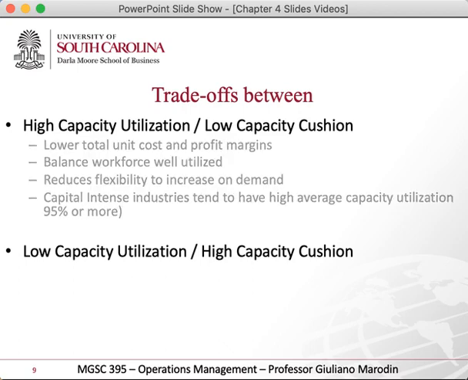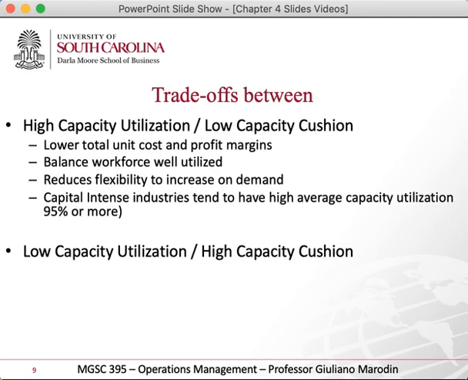So from a cost perspective, you want to have high capacity utilization, because they're producing more, you're diluting your fixed cost, and you're able to reduce the cost of each product that you produce. That's the logic.